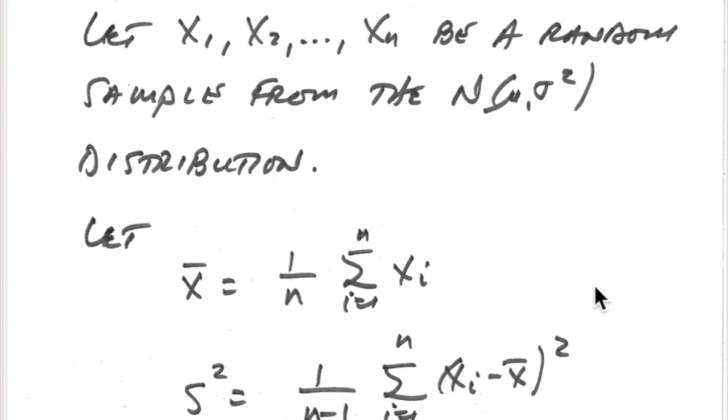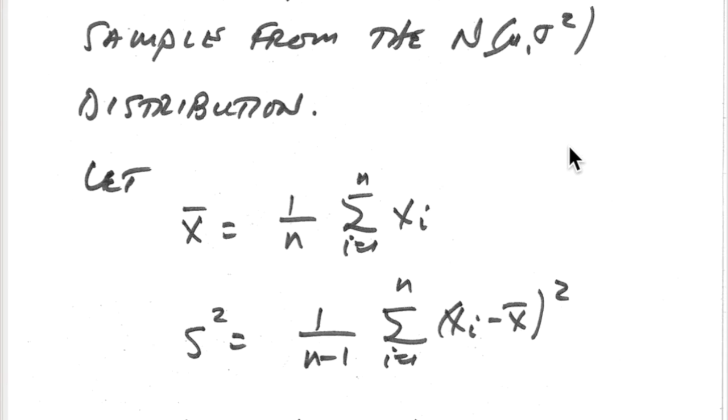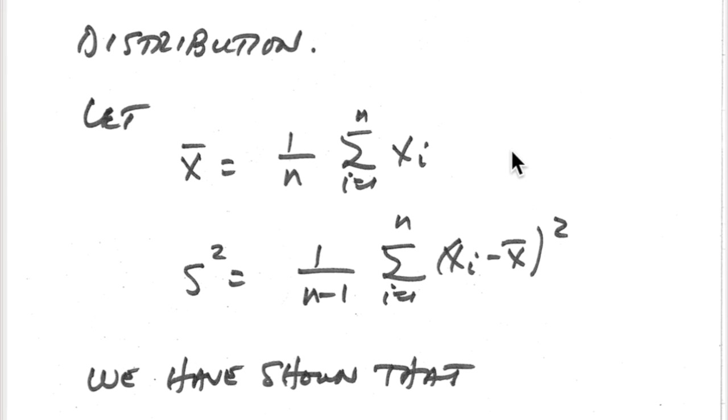Now, let's let x1 through xn be a random sample from the normal distribution with mean mu and variance sigma squared. And let's let x bar be the sample mean, and we'll let s squared be the usual sample variance, the sample variance that has n minus 1 in the denominator.